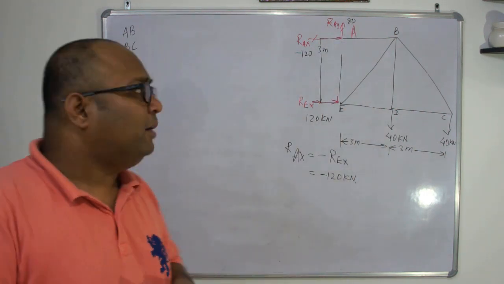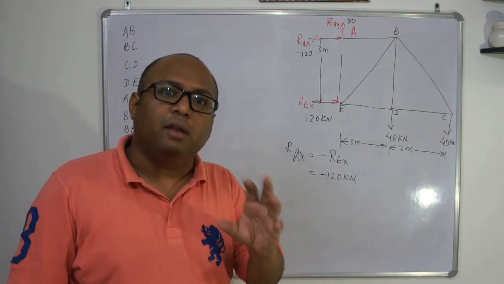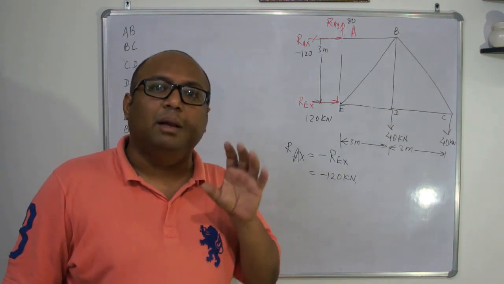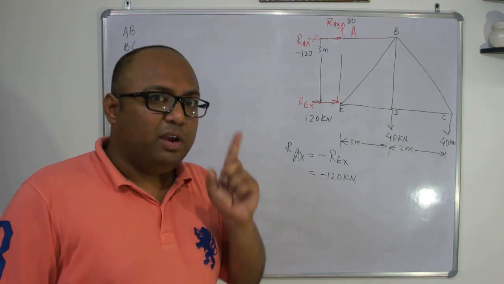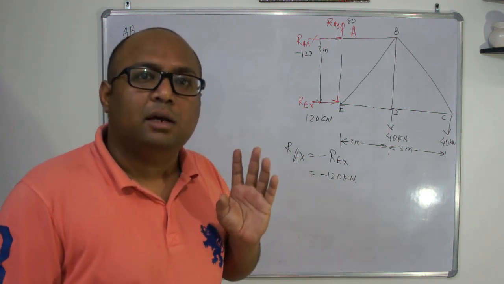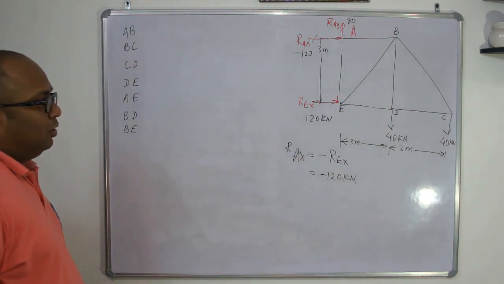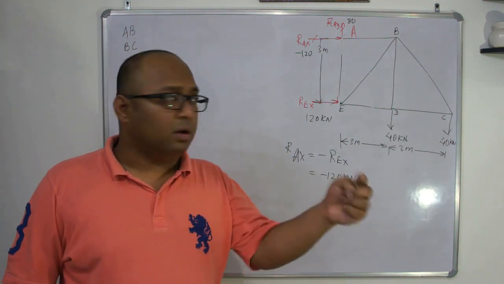Now in case of joint method, because our objective is to find force in all the members, we should begin from the joint where the number of unknowns are 2 or less than 2. Is that okay? So here comes the question which I had posed to you before.